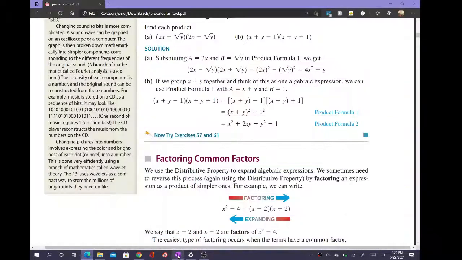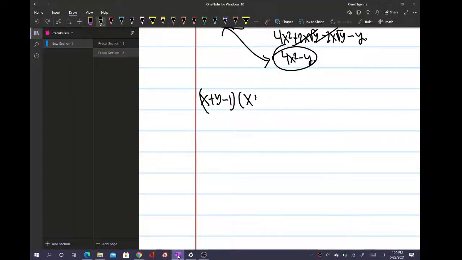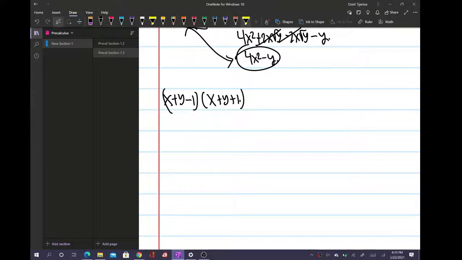x plus y minus 1 times x plus y plus 1, right? Now, they went ahead and used the sum and difference pattern. They said that a equals x plus y, and b is equal to 1. So then they said a minus b times a plus b, and they said a squared minus b squared.